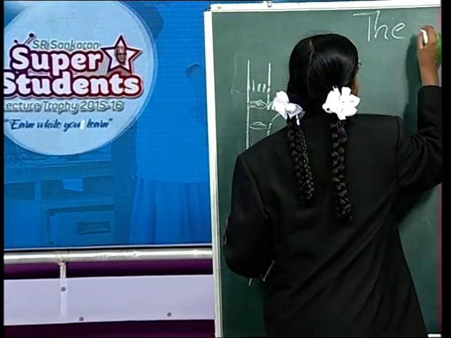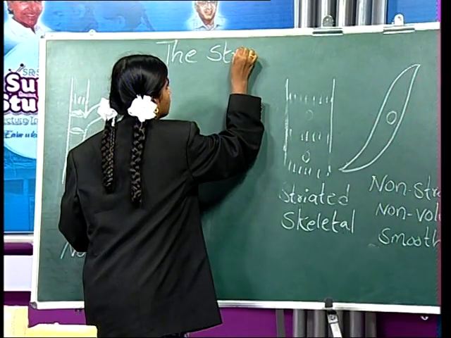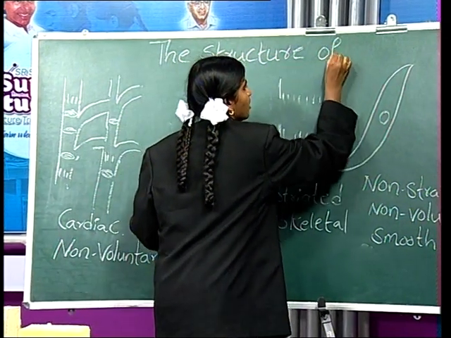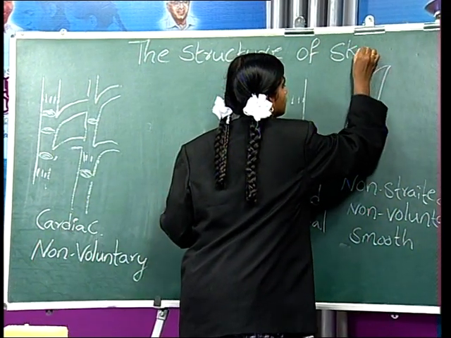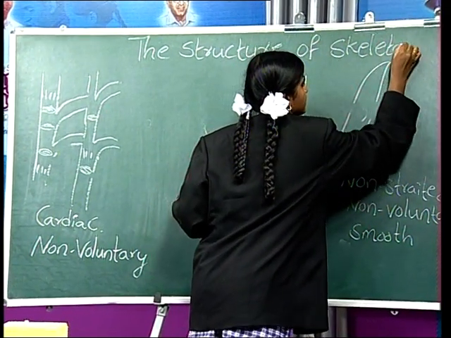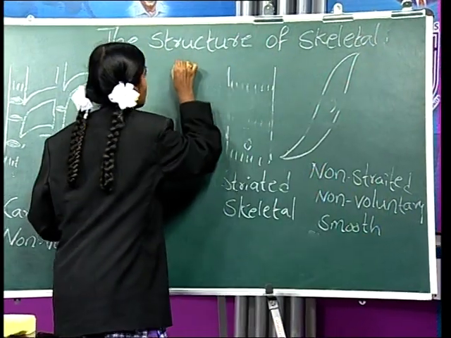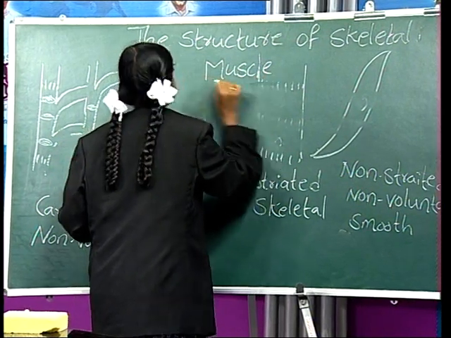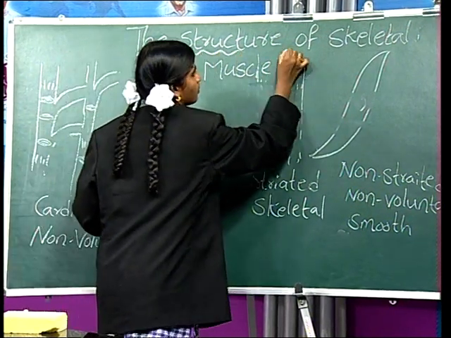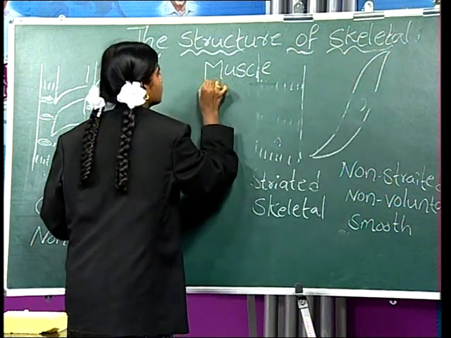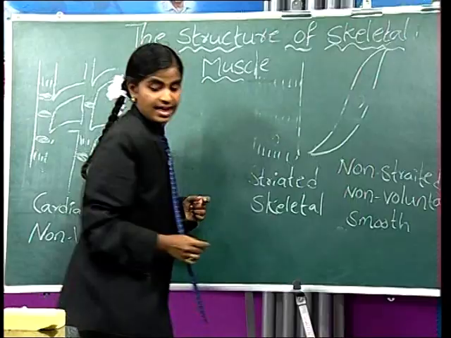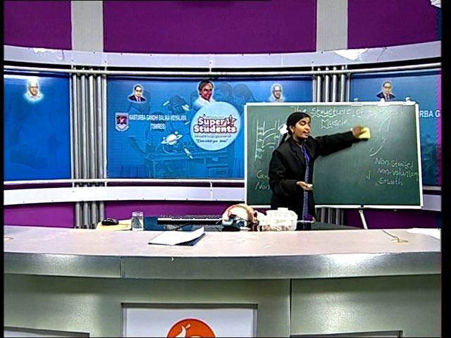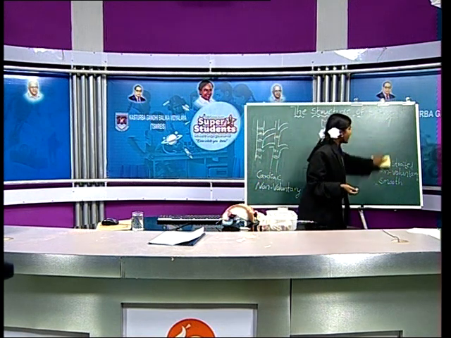The structure of skeletal muscle. Friends, the muscles which are attached to the bones are called skeletal muscle.